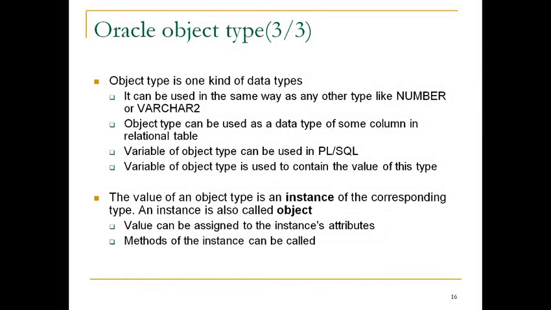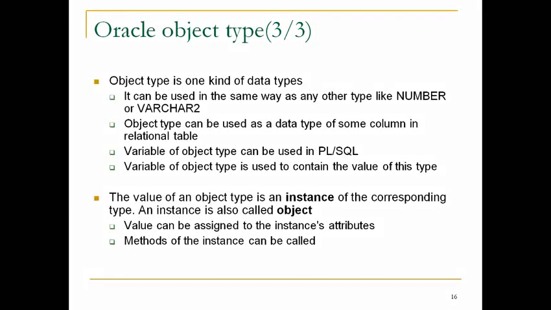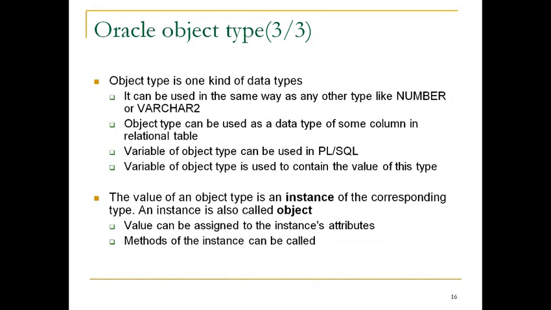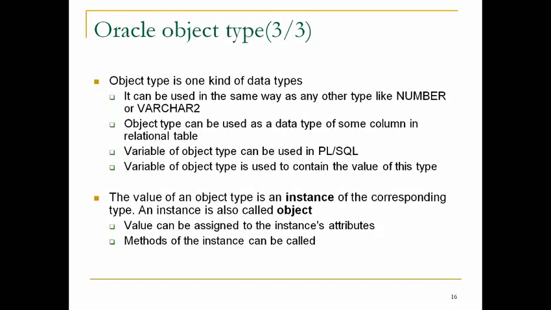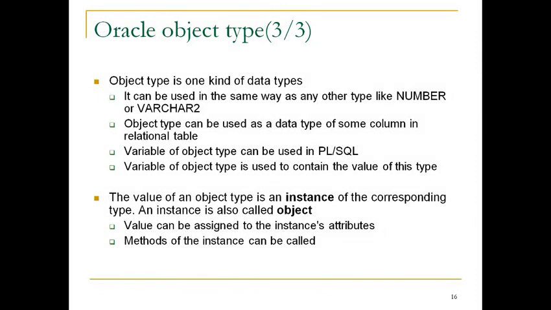It can be used as a variable in the PL/SQL language, and so on. And as I said, the instances are called objects, and when you have defined the instance, then values can be assigned to its attributes. If you have this instance, then we can work with its attributes and with the methods.